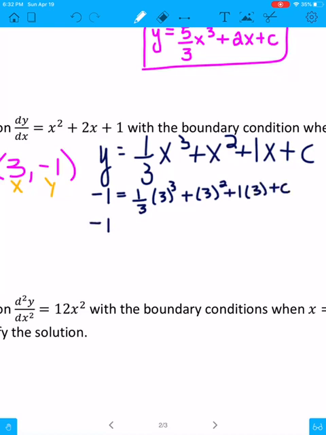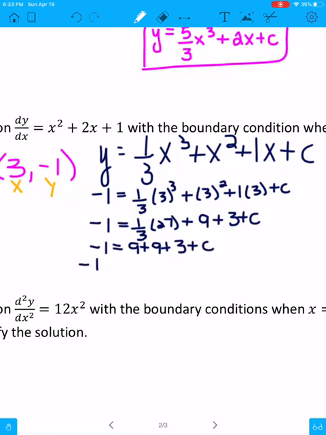So I get -1 equals 1/3 times 27, which is actually 9, plus 9 plus 3 plus c, which gets me -1 equals 9 plus 9 plus 3 plus c.